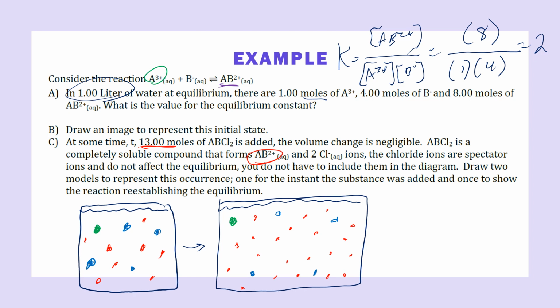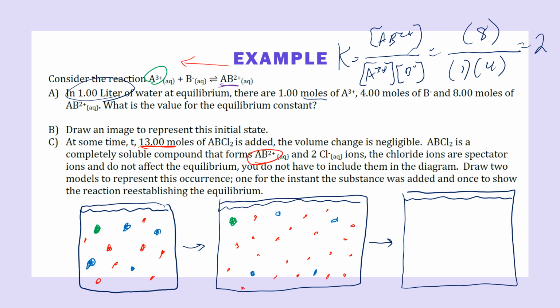And then we need to show that the reaction is reestablishing equilibrium. So we need to use up some of that excess product that was formed, so I'm going to shift the reaction towards the reactant side. So I'm going to go in the reverse direction.